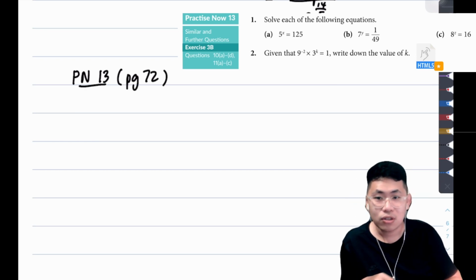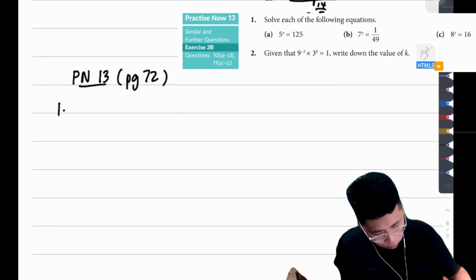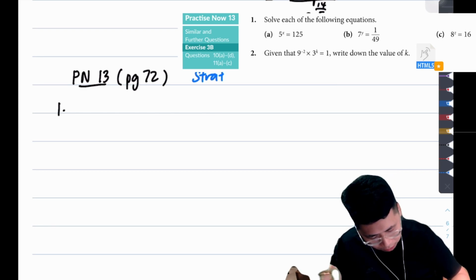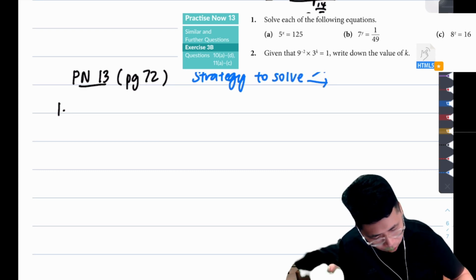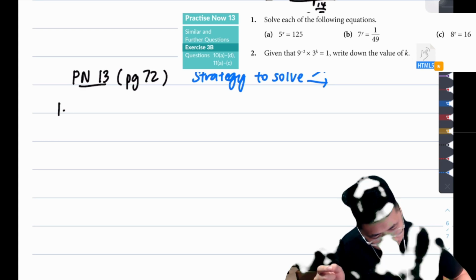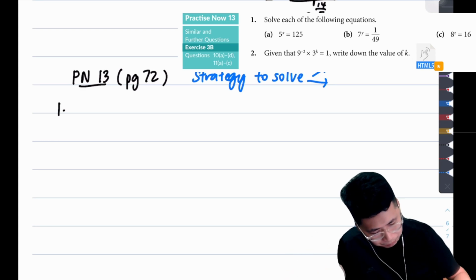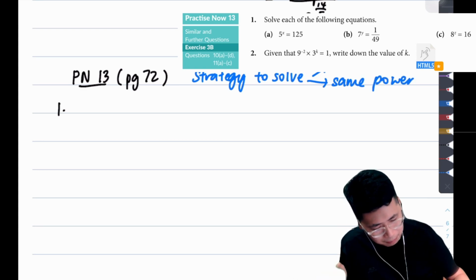Alright, so let us solve. We have two strategies when we want to solve an equation involving index. We normally look for the same base, then we compare the power, or we look for the same power and we compare the base.